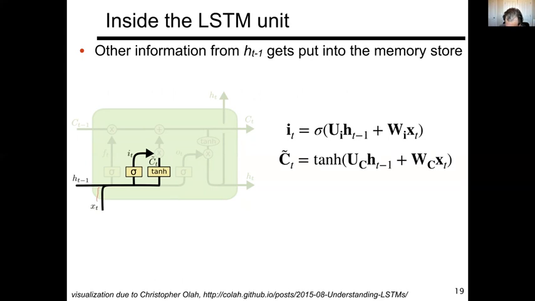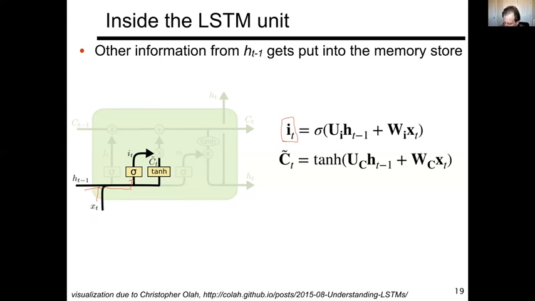The hidden layer from the previous time step and the current input are passed through a nonlinearity, and this creates an I, or input gate. The input gate is going to update the cell state, which we'll understand a little better in a moment.